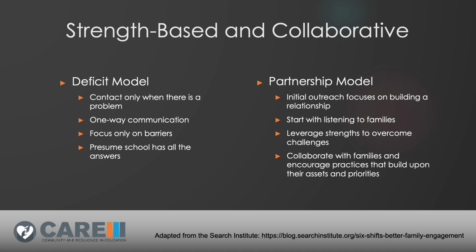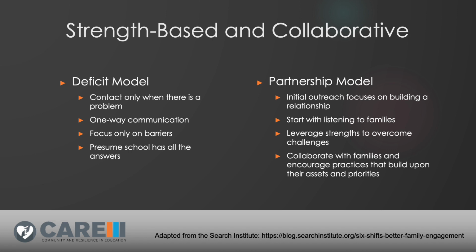In the deficit model, we contact a family only when there's a problem. We have one-way communication. We focus on the barriers and can be punitive with consequences. And there's a presumption that the school and educator has all of the answers.